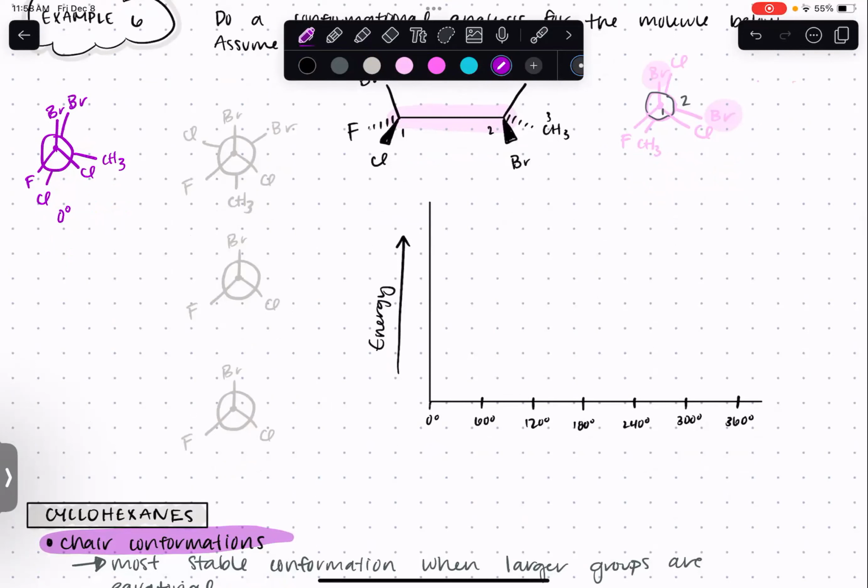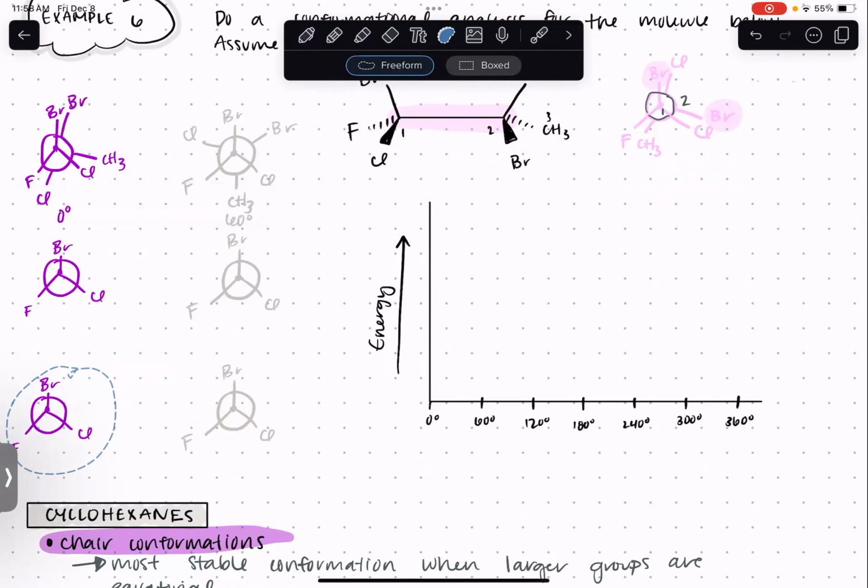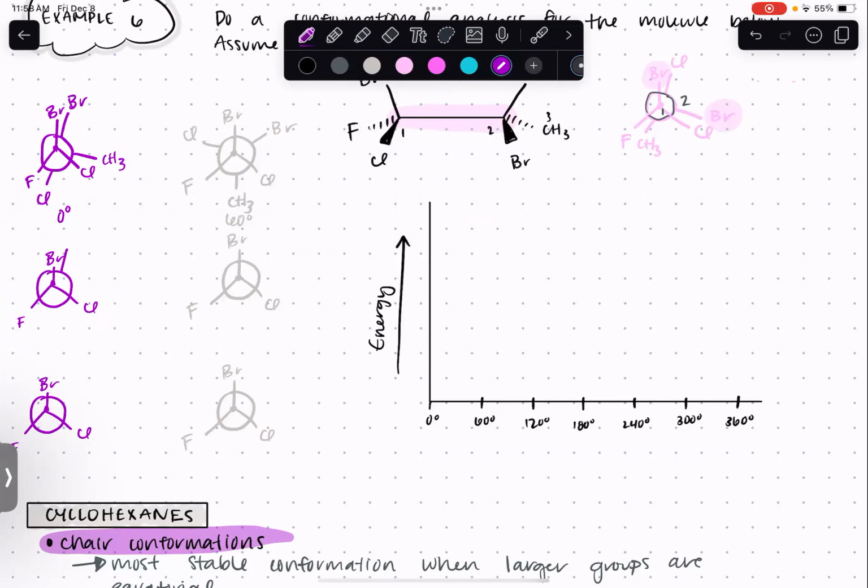Then we are going to rotate it another 60 degrees so that we get our front carbon the same. Our chlorine here at the top, our bromine off to the side, and CH3 here.